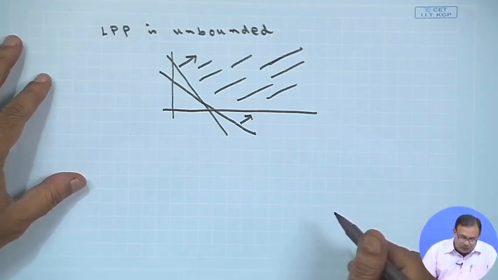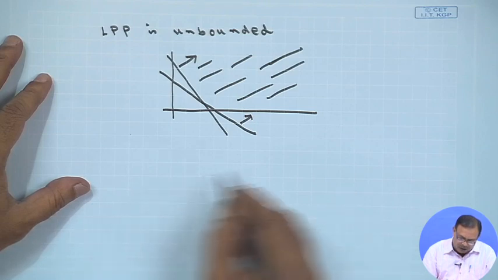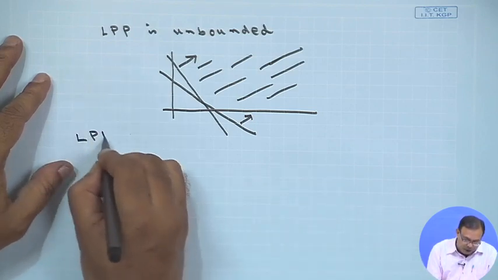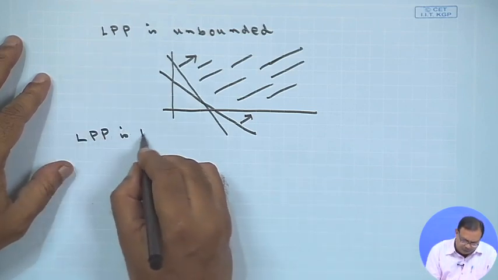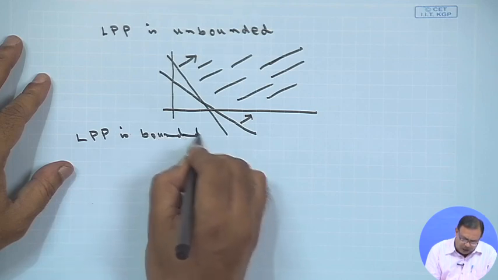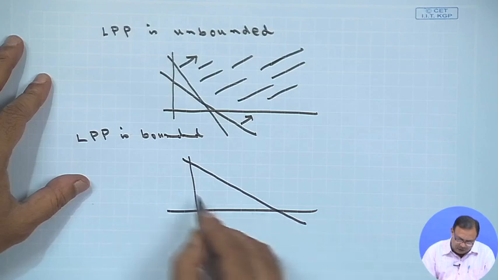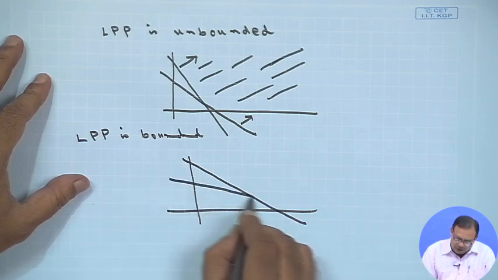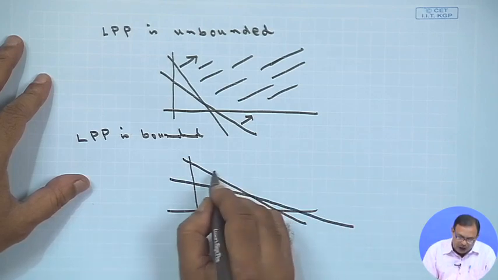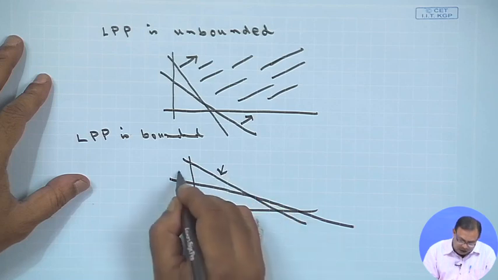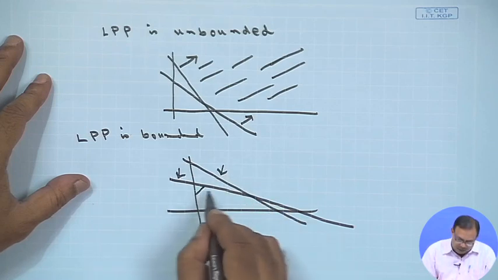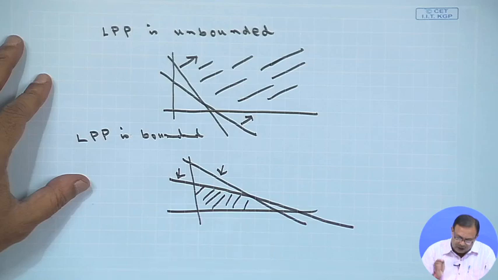Whereas, the LPP is bounded for, if I say LPP is bounded, again if I draw something like this and something like this, where in both cases the direction is on this side, that means the feasible region is like this.